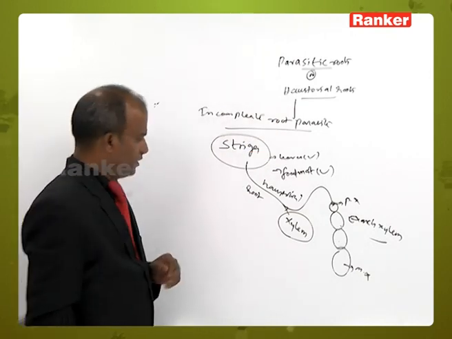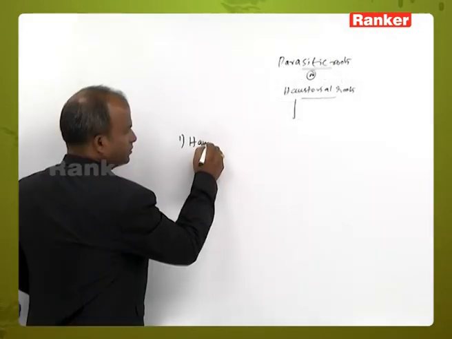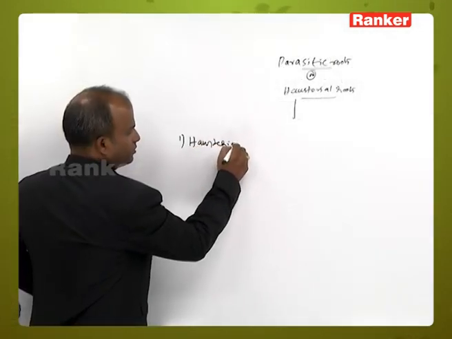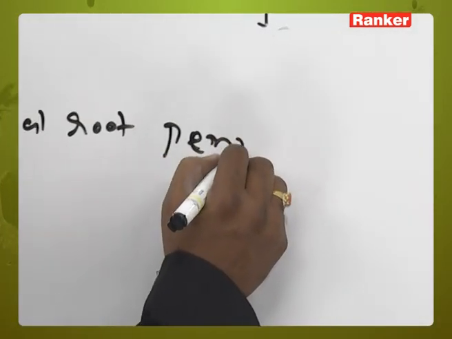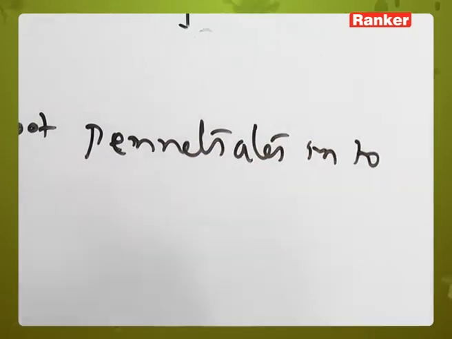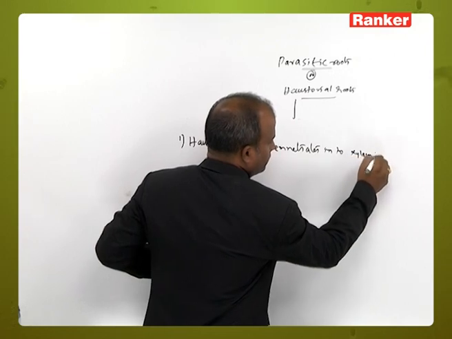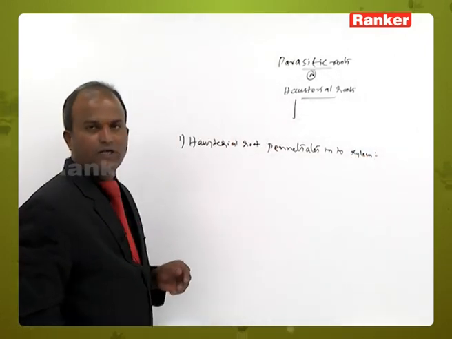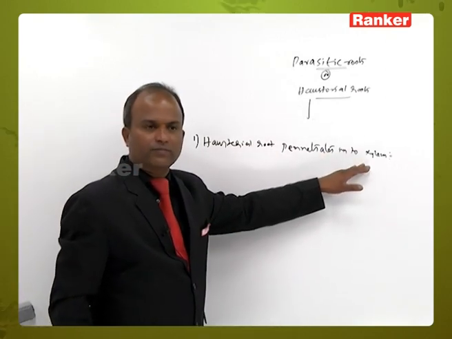Now see here. What is the first option? Haustorial roots penetrate into xylem. Can you tell me what the examples are?